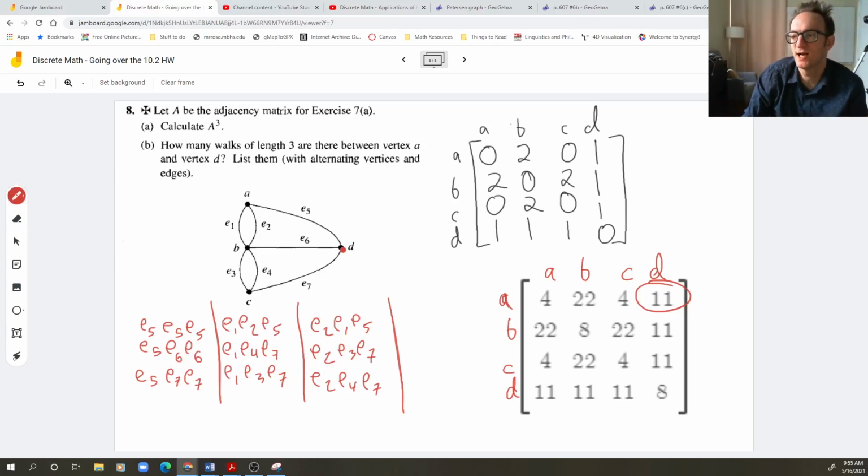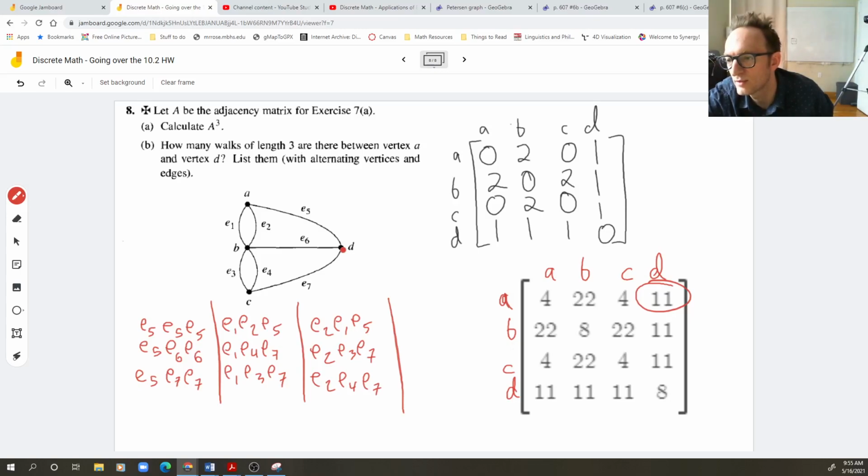So wait, let's just try to finish this. What is it? E5, E5, E5, E5, E6, E6, E5, E7, E7, E5. People at home are just going to be laughing at me, but I refuse to give up. E1, E2, E5, E1, E4, E7, E1, E3, E7, E2, E3. What can I possibly do?